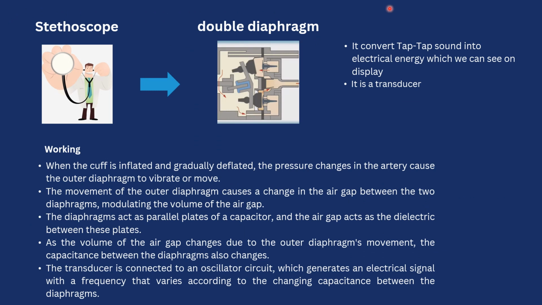Now, the stethoscope is replaced by a double diaphragm. I think this component is very important because at the end it converts the tap tap sound or vibration into an electrical signal that further goes into a microprocessor, or we can say an electrical circuit, and that is converted and displayed on our display.